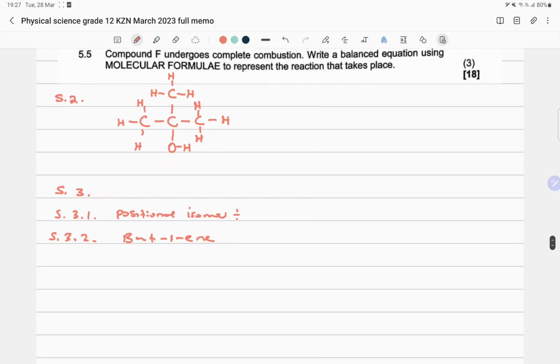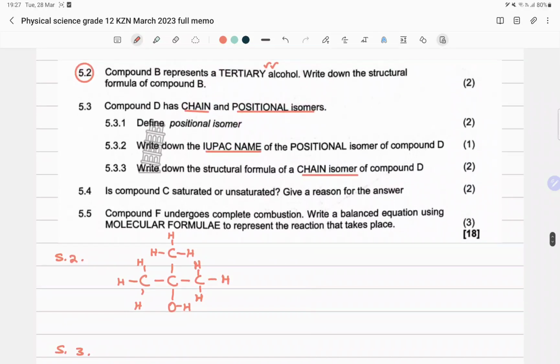Now remember, but-2-yne has the triple bond on carbon 2, whether you're coming from this end or from that end. And but-1-yne has the triple bond like this, at the end. So these are the positional isomers, but now we want a chain isomer.